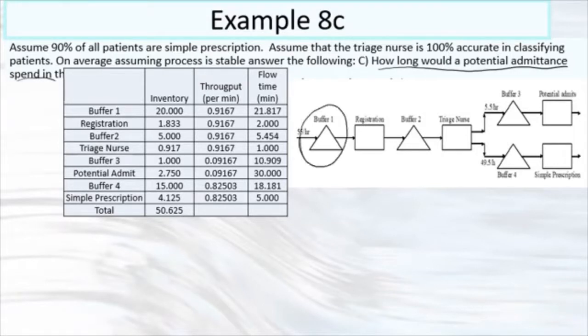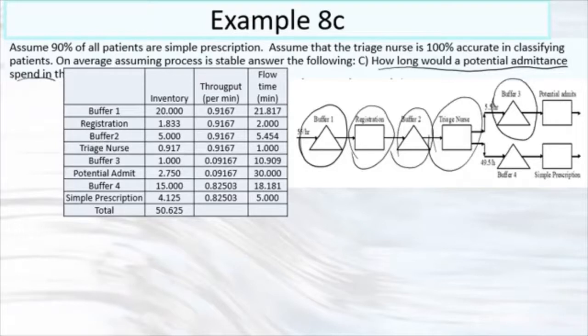So the potential admit will go through buffer 1, registration, buffer 2, and the triage nurse, but obviously the potential admit will not go through the simple prescription path. He or she will go through the potential admit path.